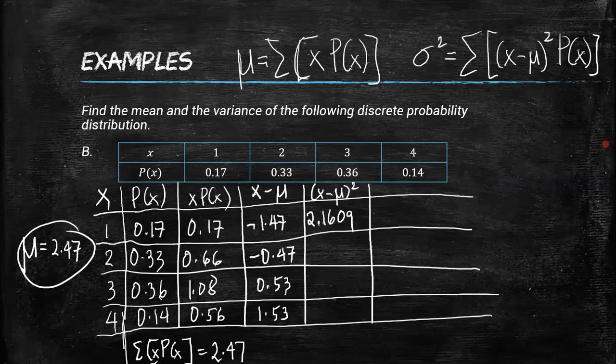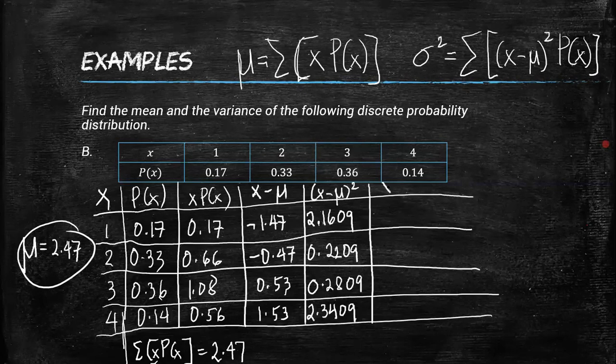Yun yung kasunduan natin. Okay, 0.47 squared or negative 0.47 squared is 0.2209. Paka-check ako pag mali ha. 0.53 squared, that is 0.2809. And then 1.53 squared, that is 2.3409.